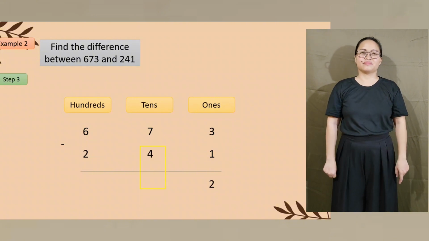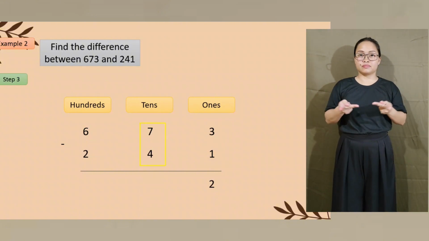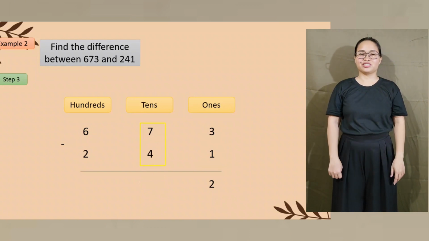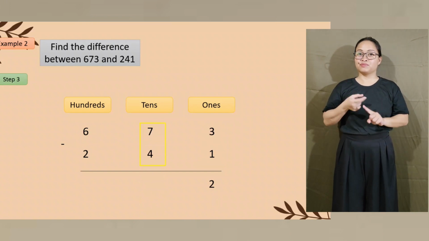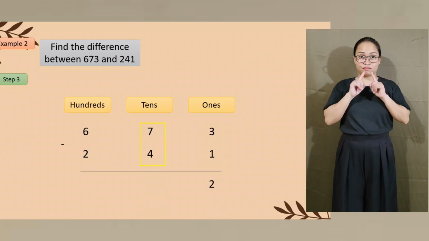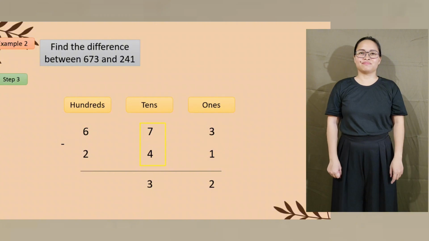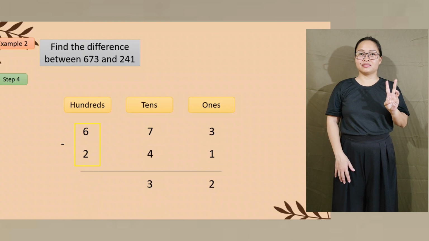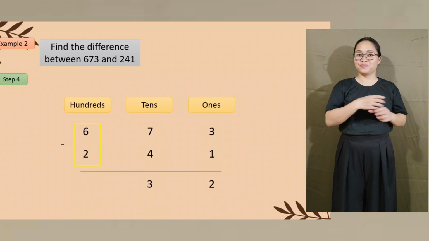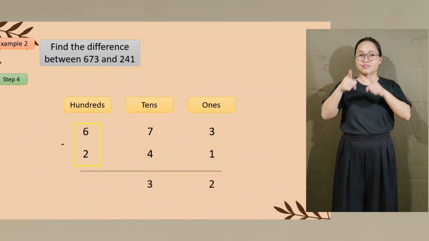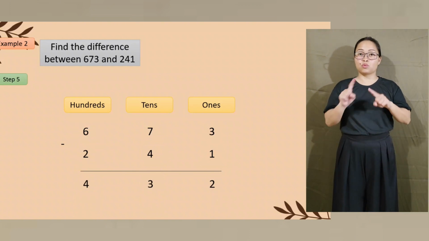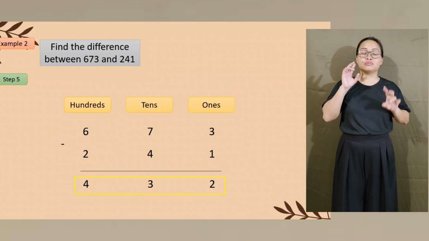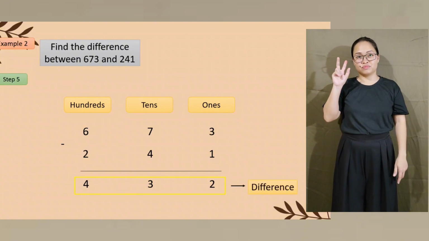Next, let's move on to the tens place. 7 minus 4, let's take away 4 from 7, the answer is 3. Then 6 minus 2, subtract 2 from 6, the answer is 4. So the difference between these two numbers is 432.